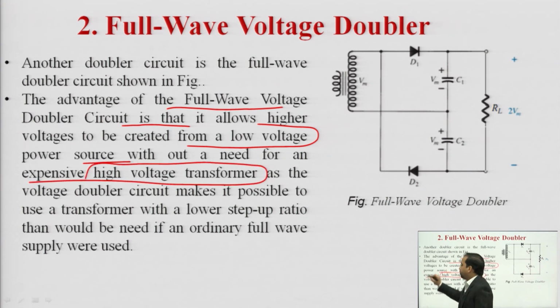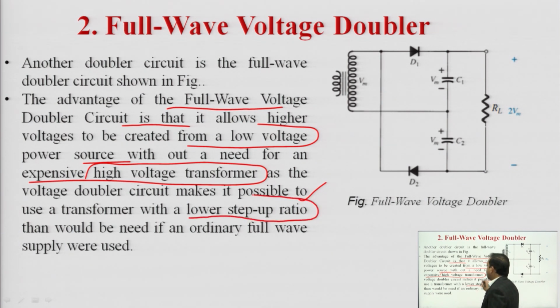This is important, as we are able to achieve a high voltage irrespective of the low value of transformer peak voltage. So voltage doubler circuits make it possible to use a transformer with a lower step up ratio than would be needed if an ordinary full wave supply were used.